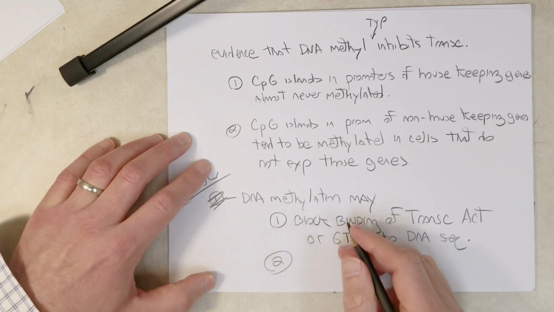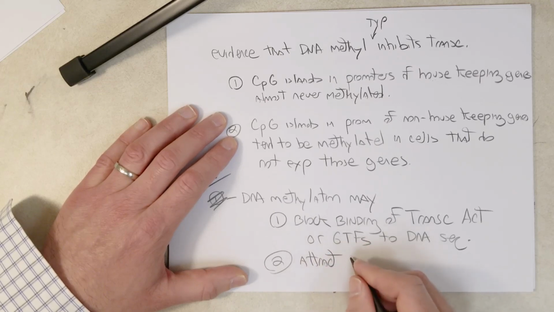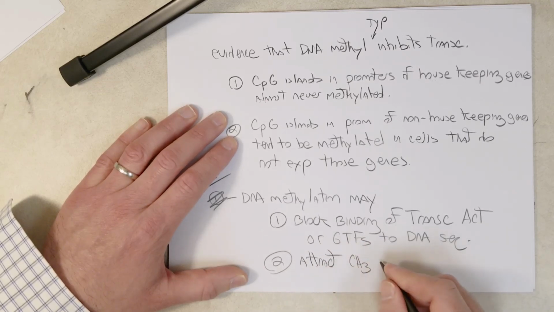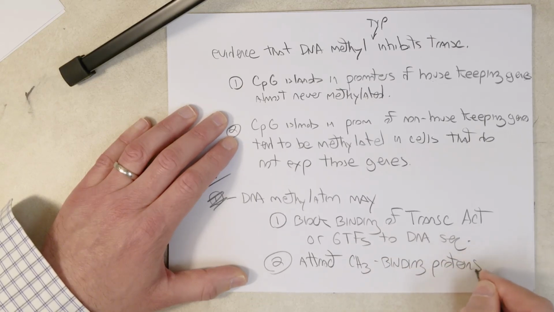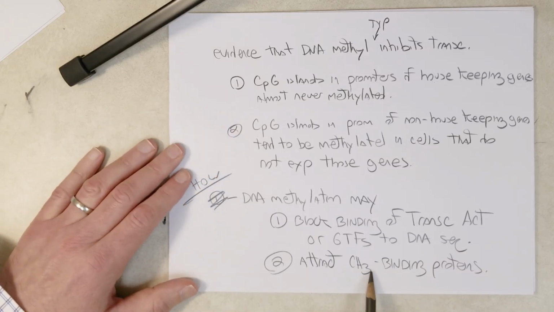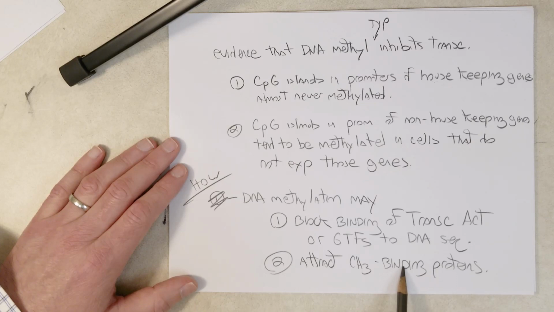Another possibility, DNA methylation may attract methyl binding proteins. And some of these methyl binding proteins may inhibit transcription. Some of these methyl binding proteins that bind methylated DNA are known to attract histone tail modifying enzymes.